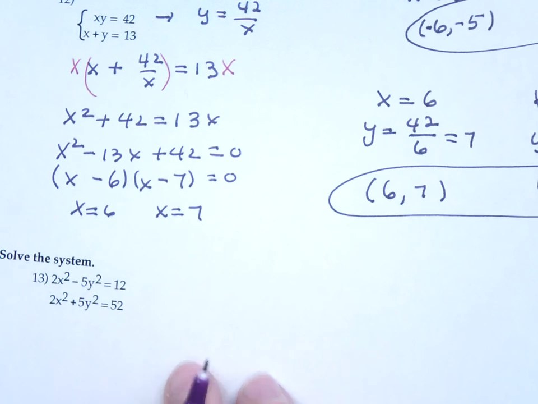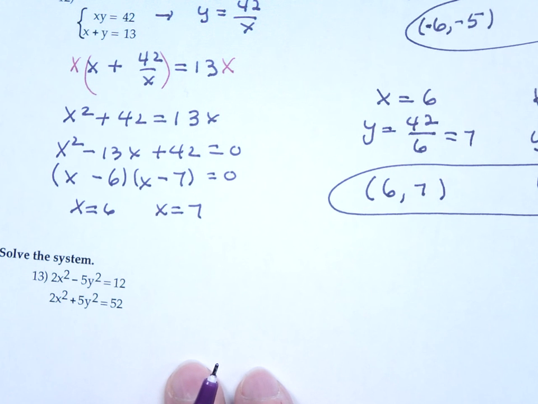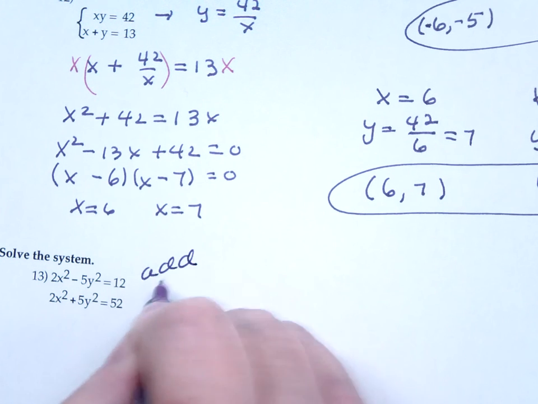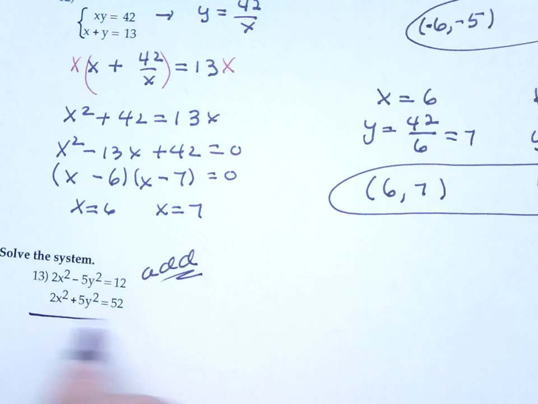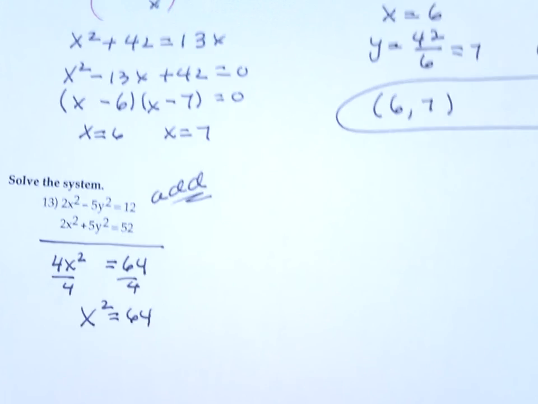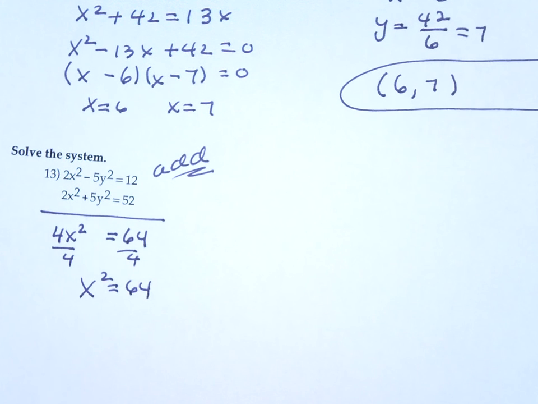Last but not least, solve the system. I would use the addition method. If I just add, I get 4x squared. The y squared adds to 0, equals 64. Divide both sides by 4. X squared equals 64. Take the square root of both sides.